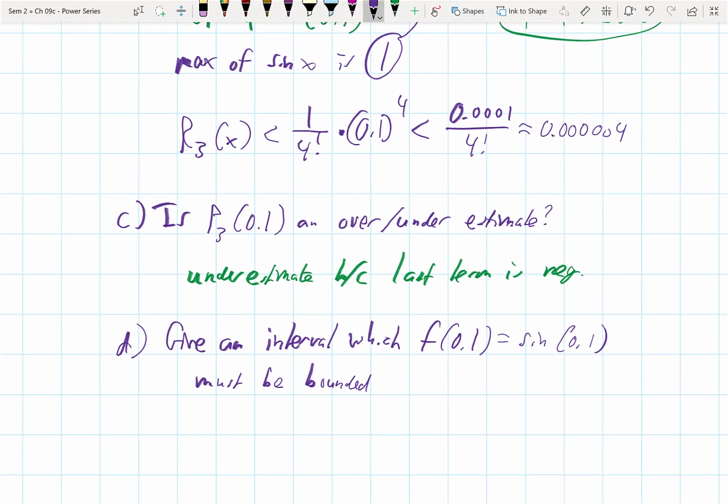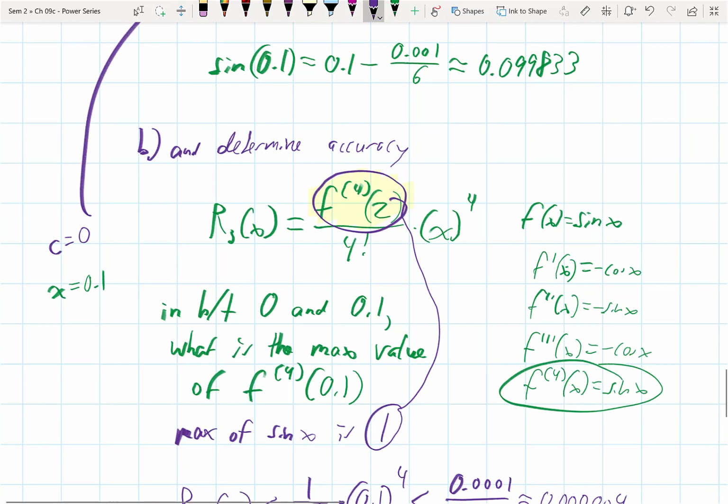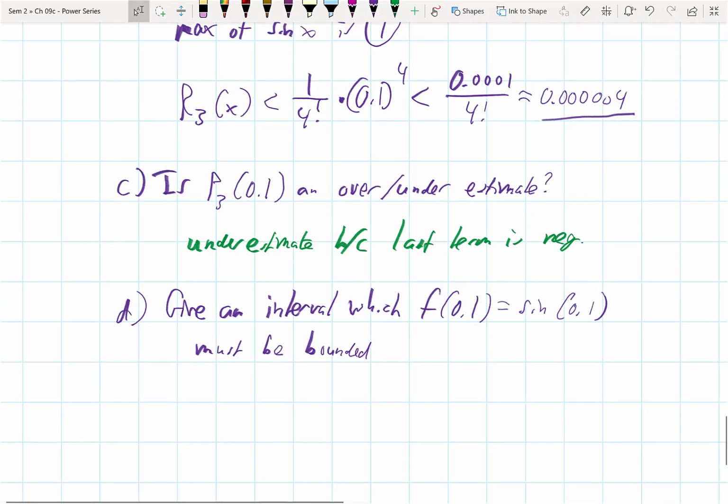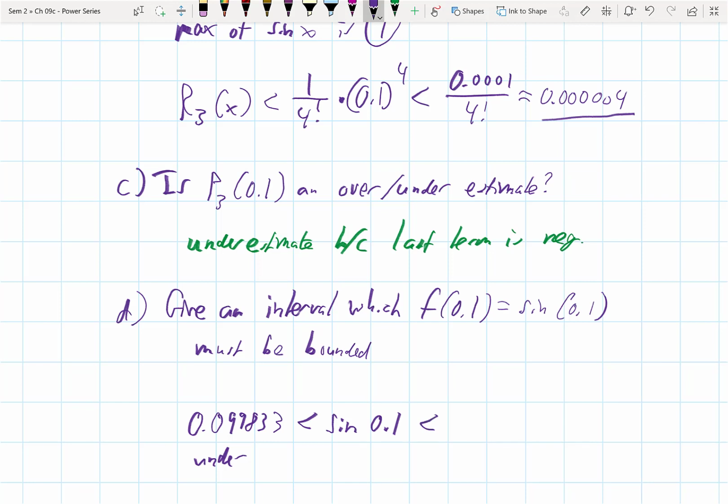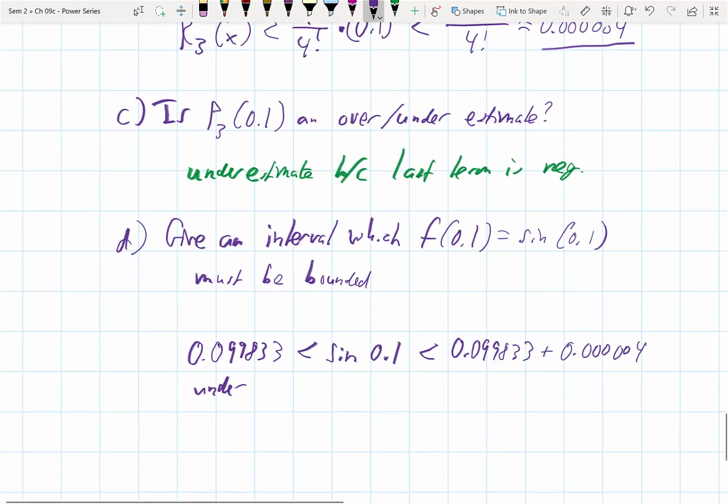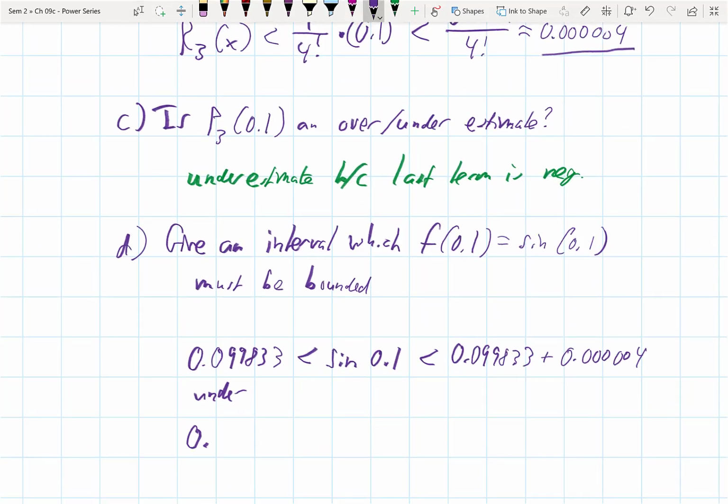Well, if my error is this, and I know that the sine of 0.1 was about this, and I know it's an underestimate, this 0.099833, which was an underestimate, must be less than the actual sine of 0.1, which must be less than 0.099833 plus the 0.00050, and the sine must be between that and the error. So if I simplify that, I get this.